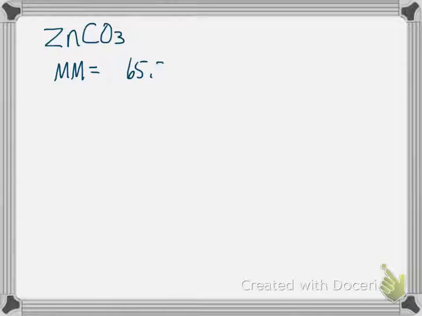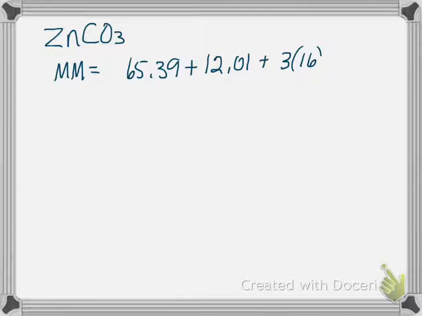All right. So the correct formula for zinc carbonate: zinc is a +2, carbonate's a -2, so it's just ZnCO3. The first thing I'm going to have to do is figure out the molar mass. So MM is going to be short for molar mass. Zinc is 65.39. Can y'all see the chart from here? I can't. Look up there. 65.39 plus carbon is 12.01 plus oxygen is 16.